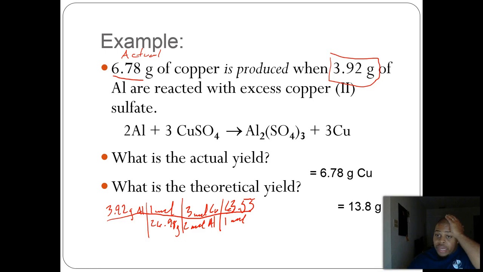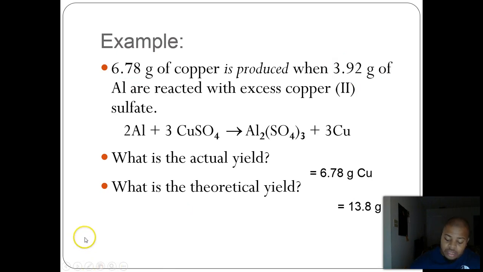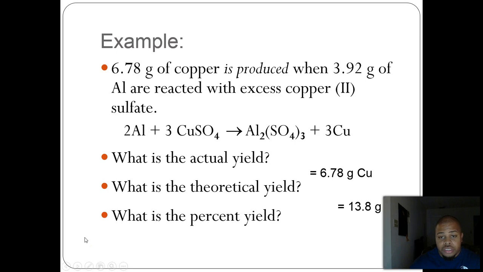Now, this is the theoretical yield that we're dealing with here. Now, we need to find that last part, which is our percent yield. Well, we said it's going to be actual over theoretical times 100.